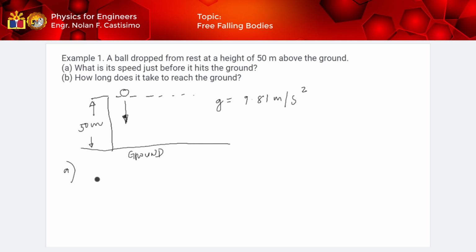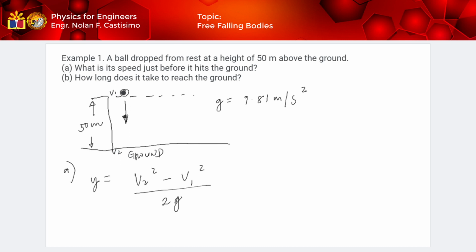We're going to use y is equivalent to v2 squared minus v1 squared divided by 2g. Okay? So, of course, ang ating initial velocity ay nandito at andito yung final velocity natin na v2.